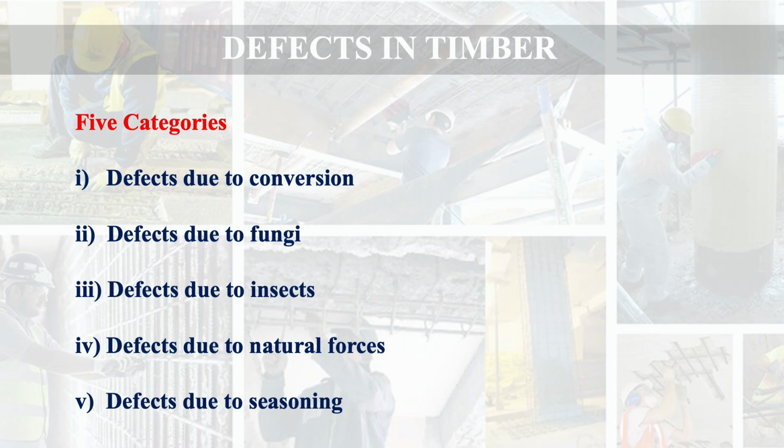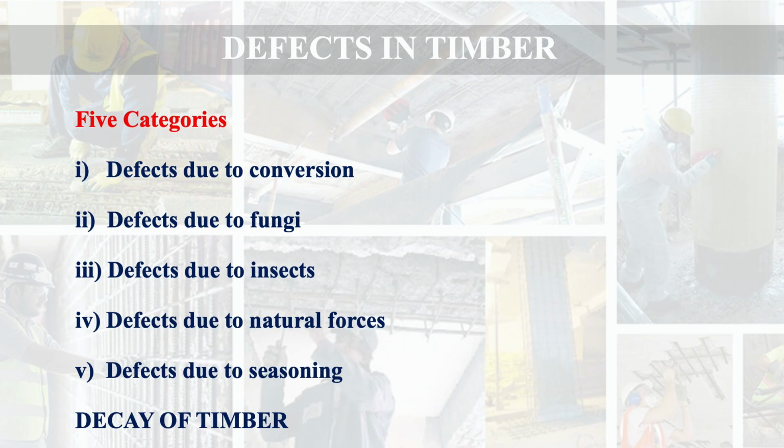The 5th category of these defects I'll discuss with you, that is defects due to seasoning. Along with that, I'll discuss with you decay of timber also in this lecture.